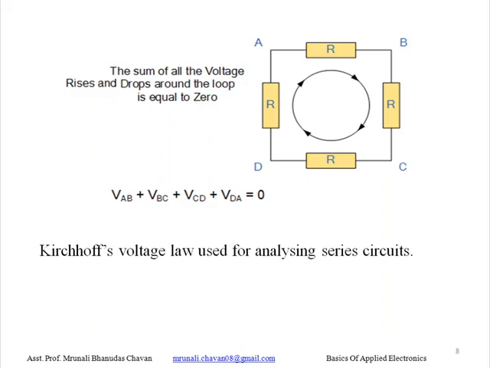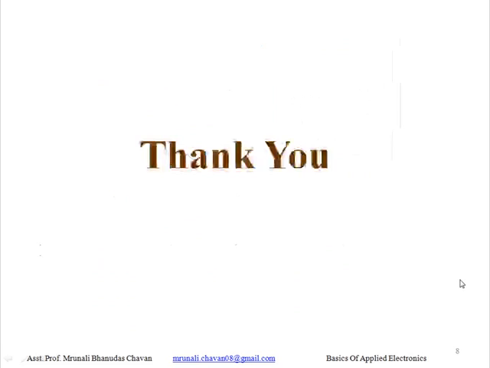Here the resistors are shown as R, so the voltages will be drops, and we can write VAB, the voltage across this branch, plus VBC plus VCD plus VDA is equal to 0. Must remember, Kirchhoff's voltage law is used for analyzing series circuits. Okay, so we will stop here.